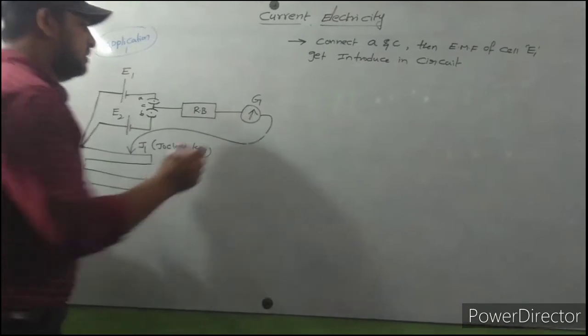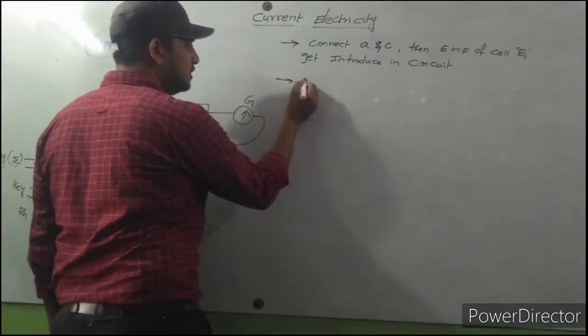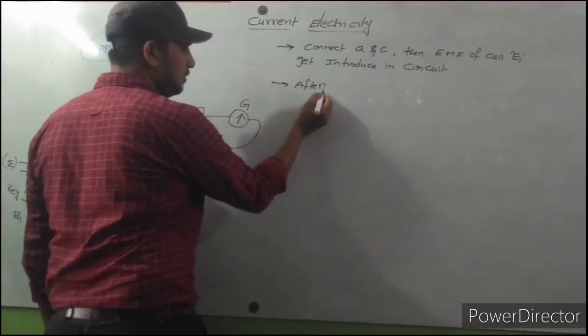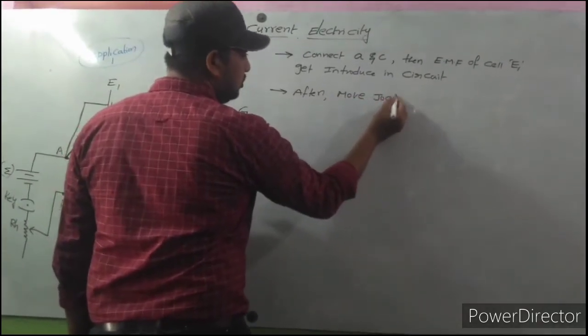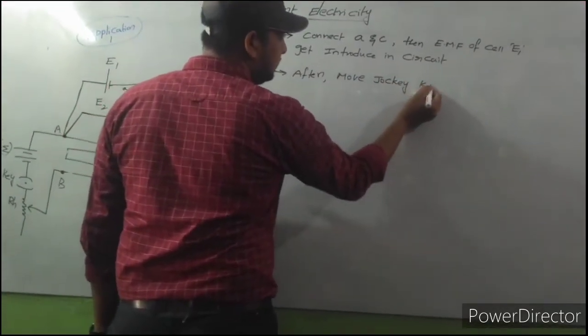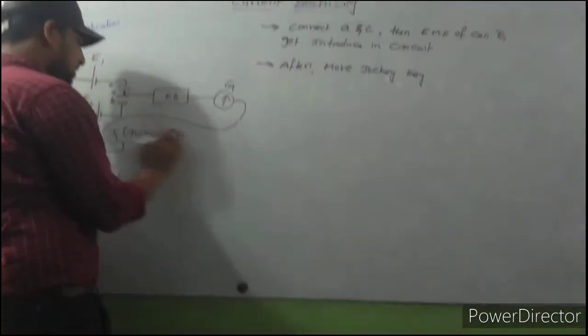Next, after that move the jockey key. Where is the jockey key? This is the jockey key.